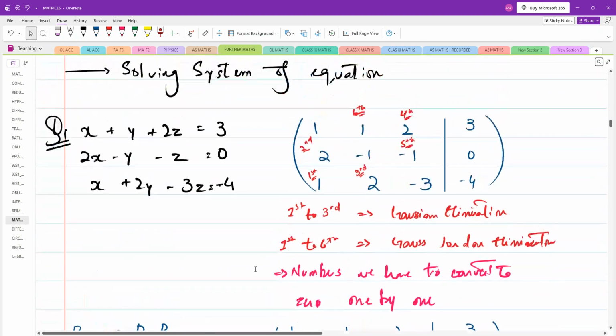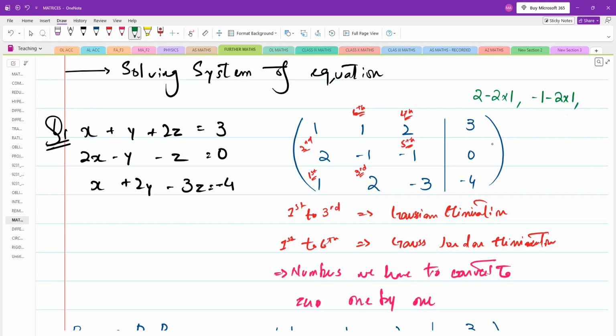So what I'm going to do, you don't really need a calculator, you just need to use your brain. So 2 minus 2 multiplied by 1, then 1 minus 2 multiplied by 2. What I'm doing is 2 minus 2 multiplied by 1, then minus 1 minus 2 multiplied by 1, and then minus 1 minus 2 multiplied by 2, and then 0 minus 2 multiplied by 3.